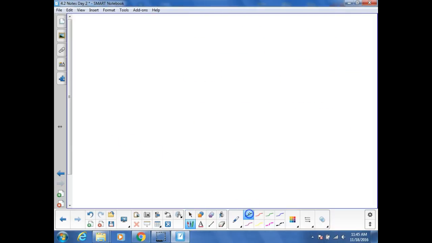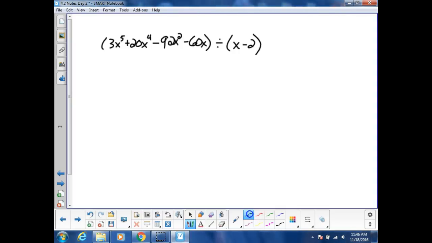All right, so looking at that first one, let's set up the first one on the homework so that we get it right. Okay, so we got 3x to the 5th plus 20x to the 4th minus 92x squared minus 60x, and then divide that by x minus 2.